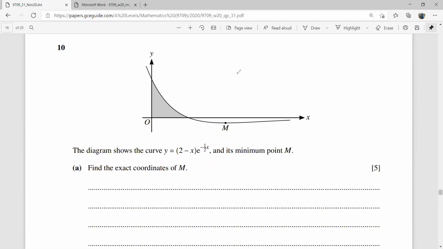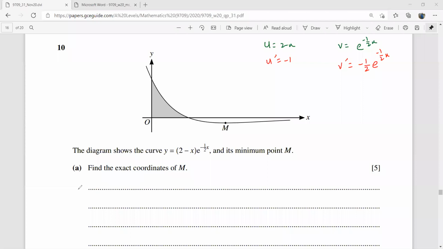So this is simply a question of u dot v, a differentiation of a product here. So your u is 2 minus x and your v is e raised to power minus half x. Therefore, your u dash is minus 1 and your v dash is minus half e raised to power minus half x. Remember how we differentiate this.